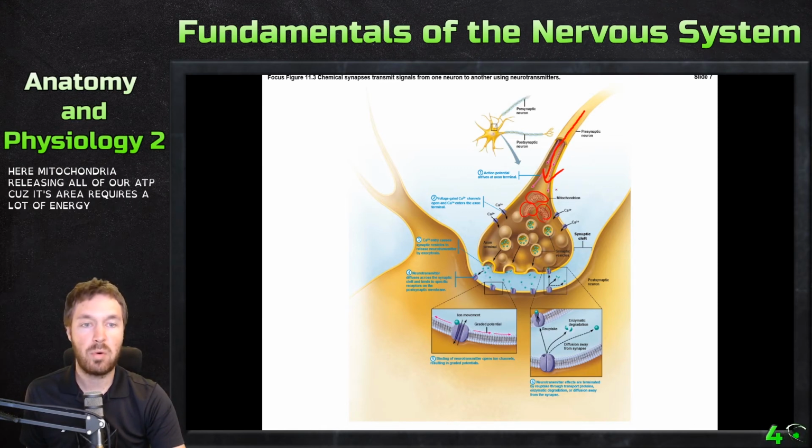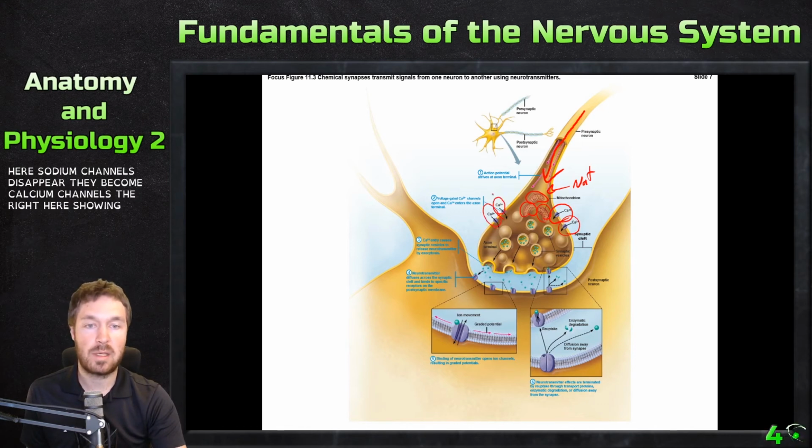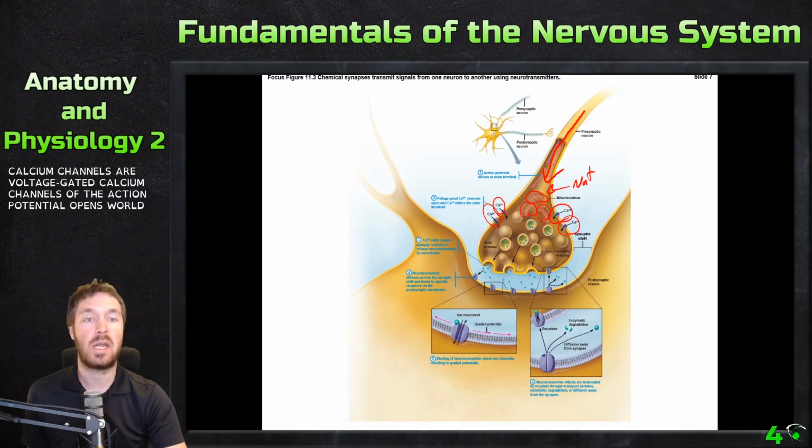Up until this point, sodium comes into the cell. Now a big thing changes. When this action potential gets down here, sodium channels disappear, and they become calcium channels. So right here it's showing these calcium channels. These are voltage-gated calcium channels, so the action potential opens voltage-gated calcium channels. Acts the same as sodium, but calcium, a positive ion, now rushes in.